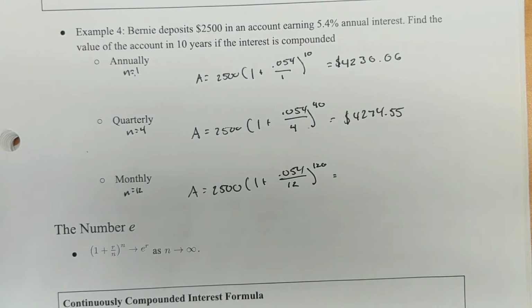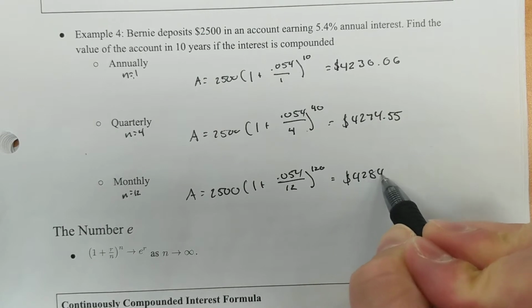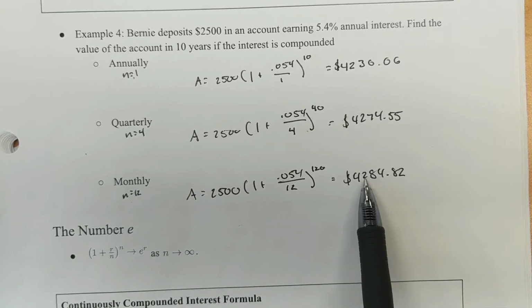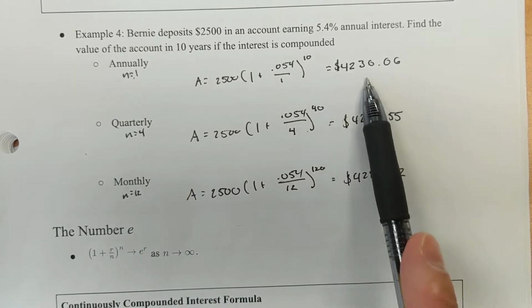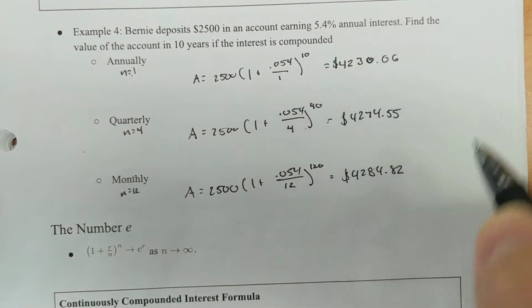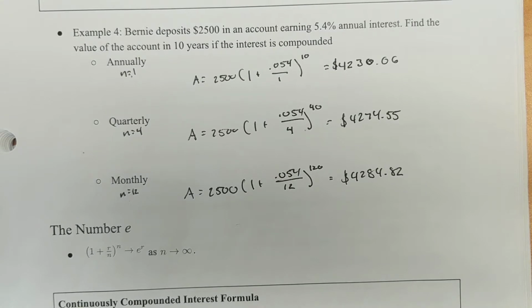So this is $4,284.82. So as you see, as you calculate your interest more often, the value in your account increases. So you start at 42.30, then 42.74, then 42.84.